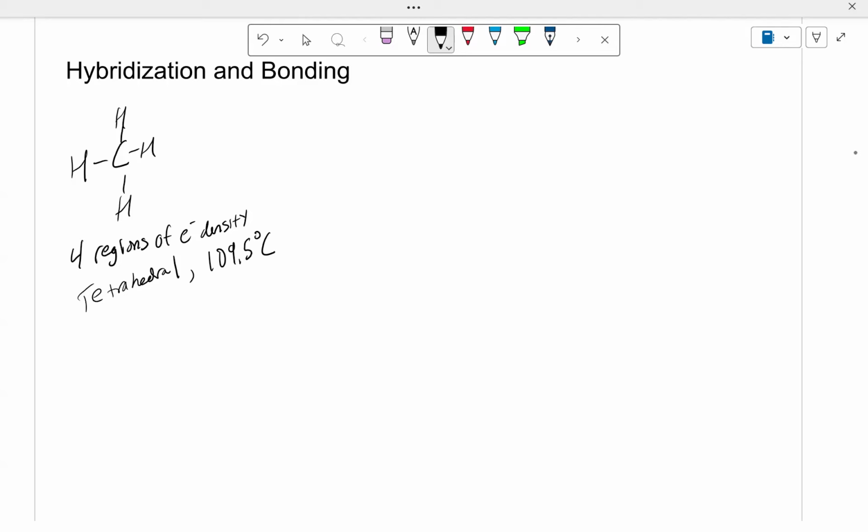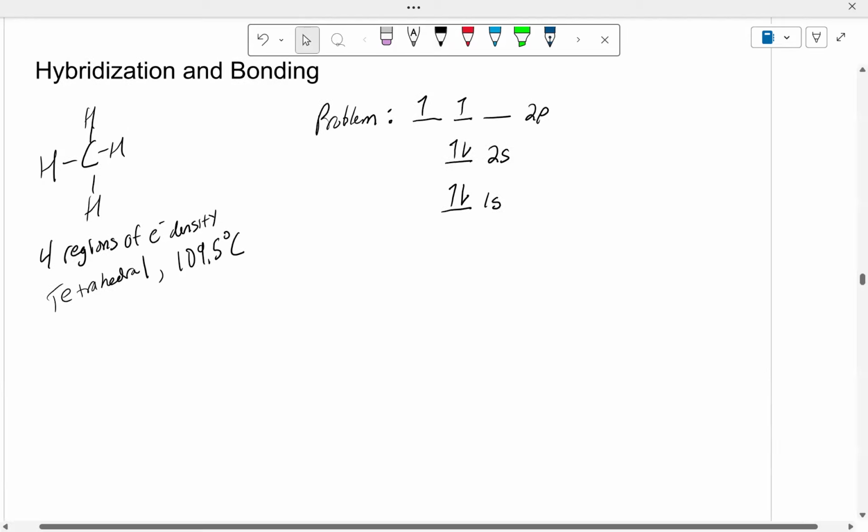Now, here's the problem with this. I want you to think back to electron configuration. We're going to do the electron configuration for carbon. We have the 1s orbital, 2s orbital, and then the 2p orbitals. Think about what that means in terms of the p orbitals.